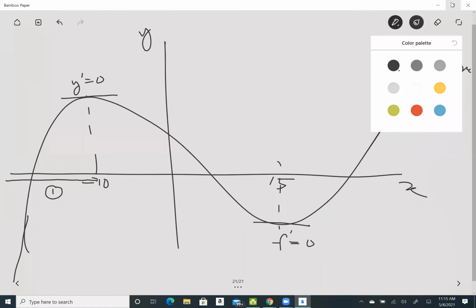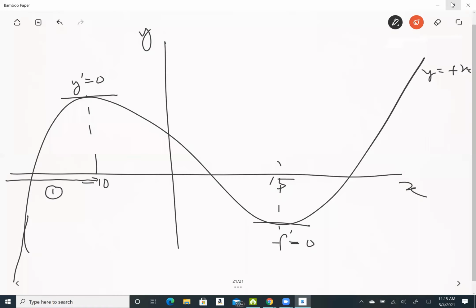Now, what is interval number 2? -10 to 15. And after that, what is the other interval? 15 to infinity. So how many intervals are there? 3. 3 there.